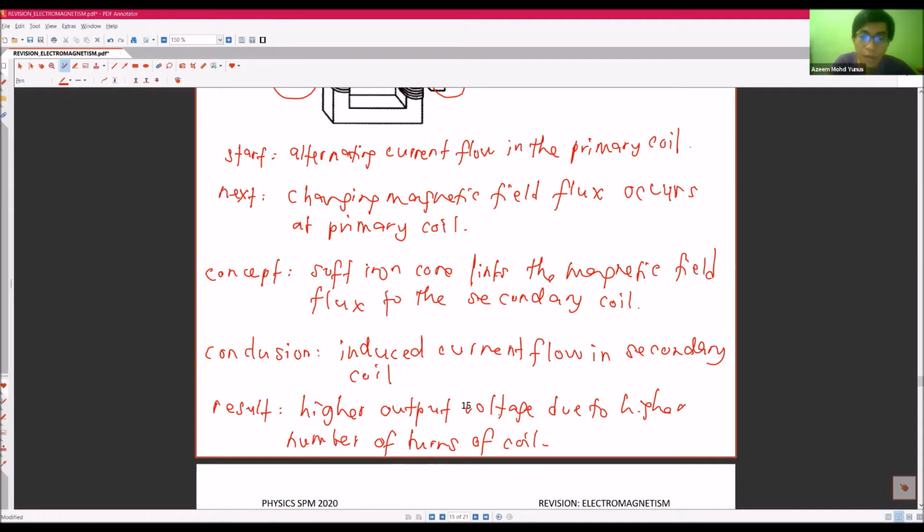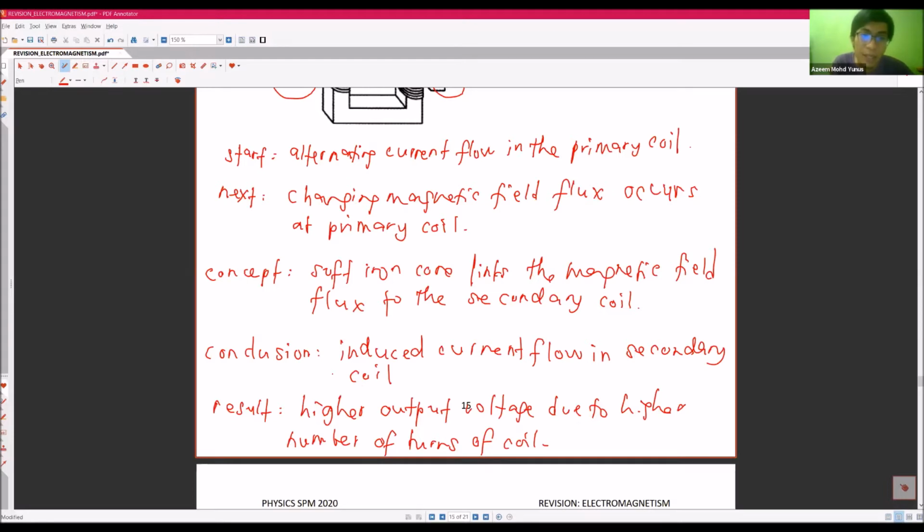So if you have a step-up transformer, what's going to change is the result over here, either higher or lower, depending on the type of transformer. If the question just asks about a general transformer, then the result is going to be induced current flow in the secondary coil. The conclusion you have to change to induced EMF produced at secondary coil. So that's the only difference that you need to make.